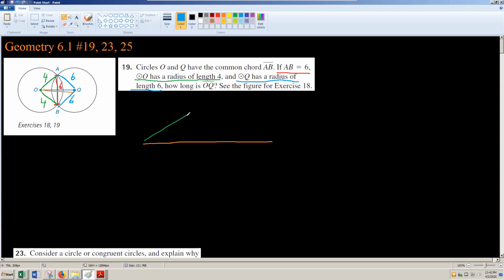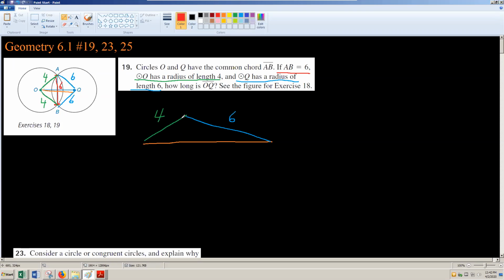And then I've got this one here. This we know is 6. This we know is 4. A to Q is 6? Because Q has a radius of 6. Oh, okay. So all these distances from Q to B and Q to A are both going to be 6. Good question.